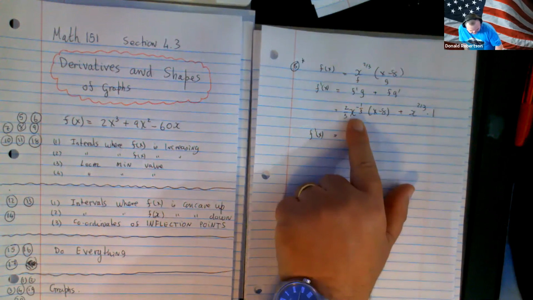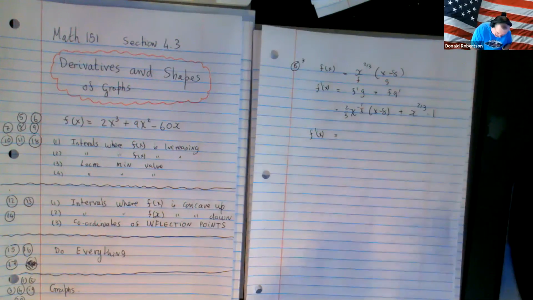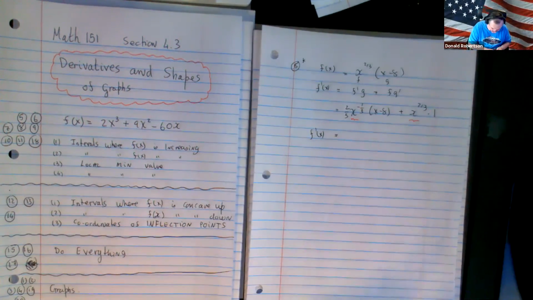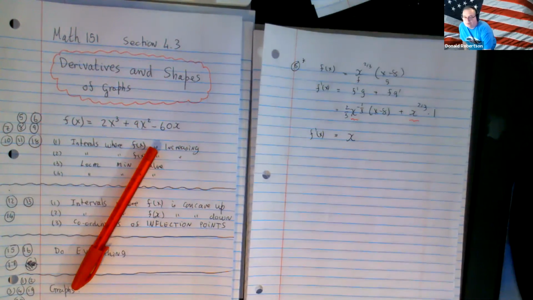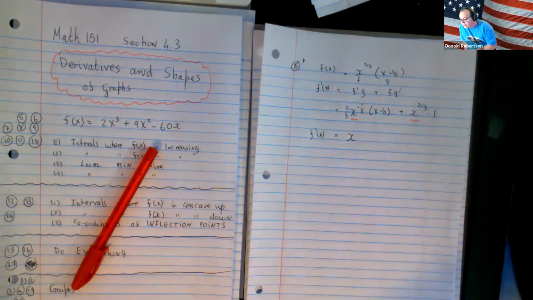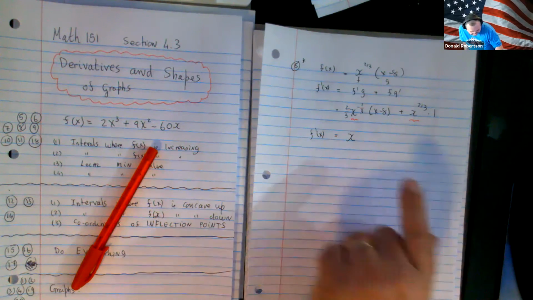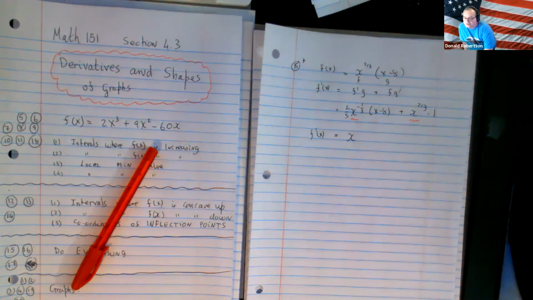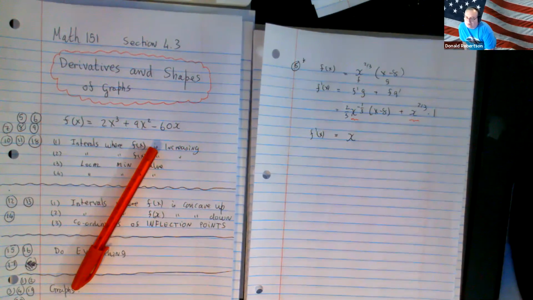Do you see how that's x to the negative 1/3 and this term is x to 2/3? That means that x to the power of something is a common factor. Now we're going to do a common factor that's not typical. Normally you have an x cubed and an x squared and you bring out an x squared, right? I have an x to the 3rd and I have a 2/3. Which one of those two, because it has to be one or the other, is going to be my common factor?